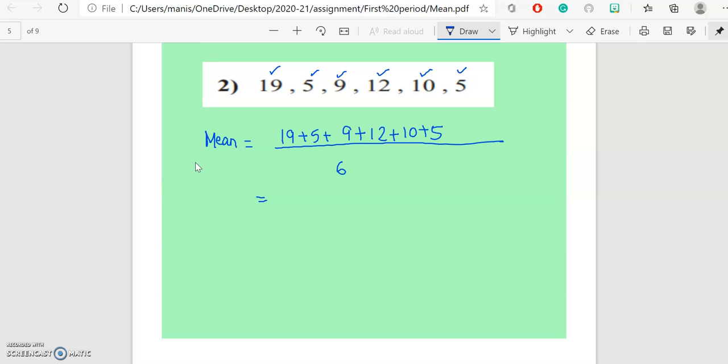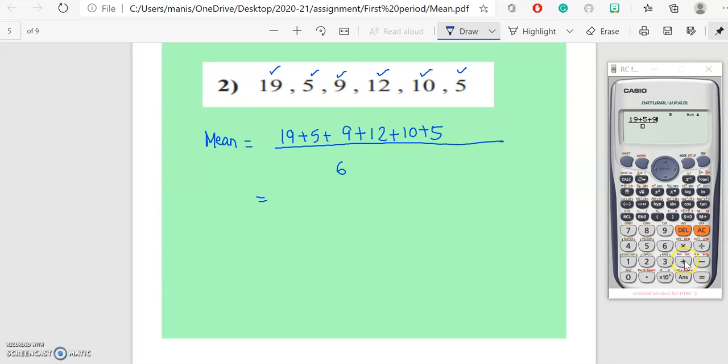So I will use my calculator to find the mean of these values. 9 plus 12 plus 10 plus 5, and I will divide this by 6.